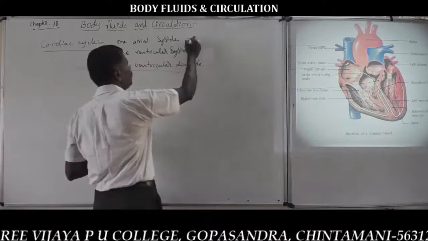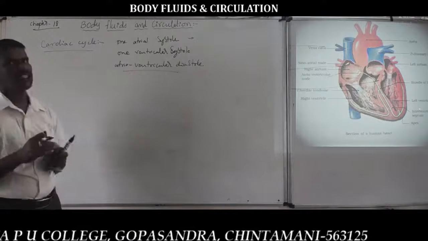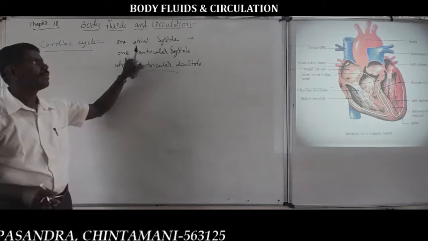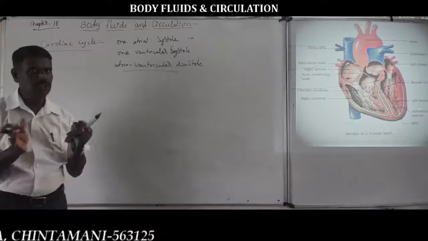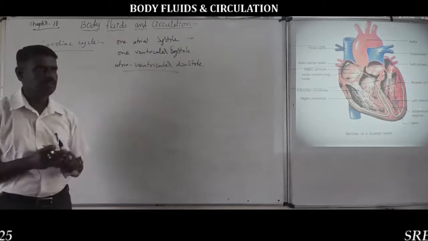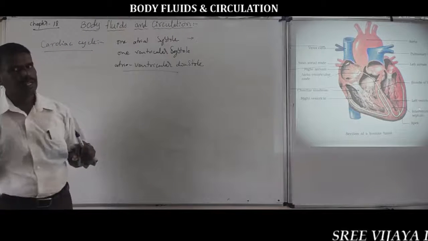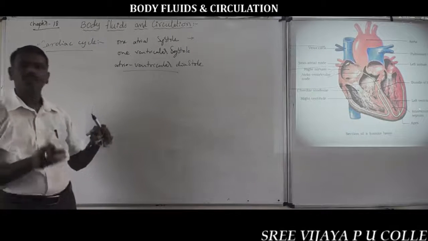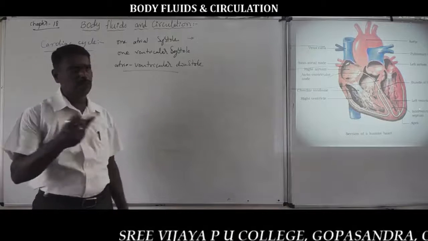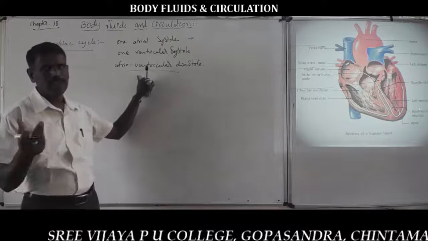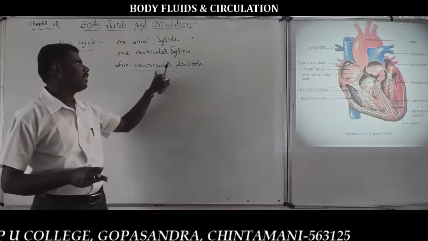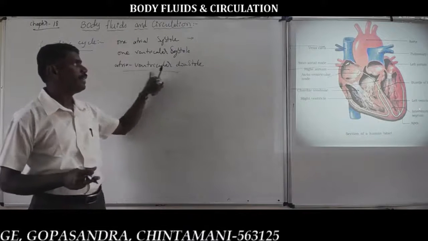During contraction of the atrium, deoxygenated blood and oxygenated blood are pumped towards the ventricles. And in one ventricular systole, the ventricles also contract. At the time of ventricular contraction, deoxygenated blood is pumped towards the lungs, and oxygenated blood is pumped towards the body parts through the aorta. After a little time, both come to the normal position, that is atrioventricular diastole.